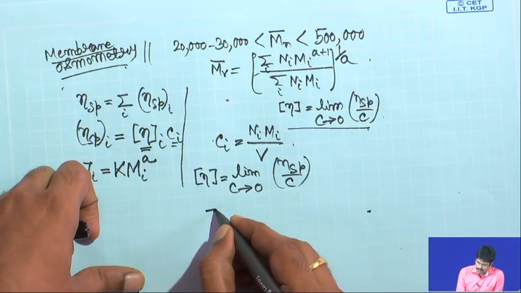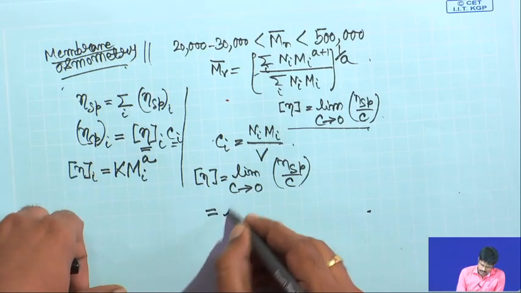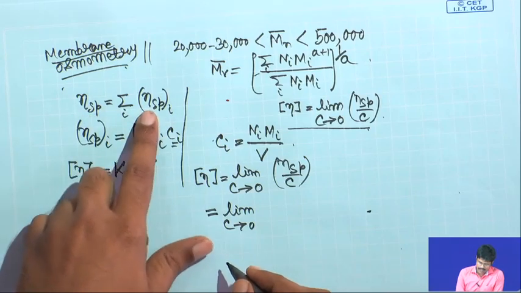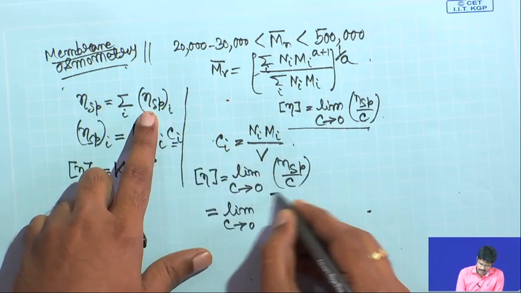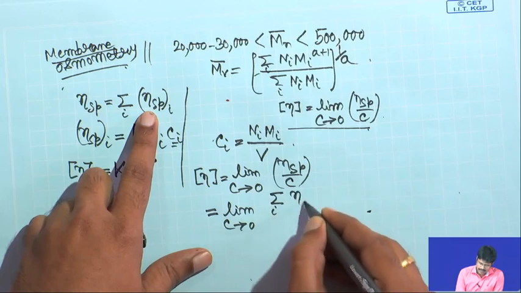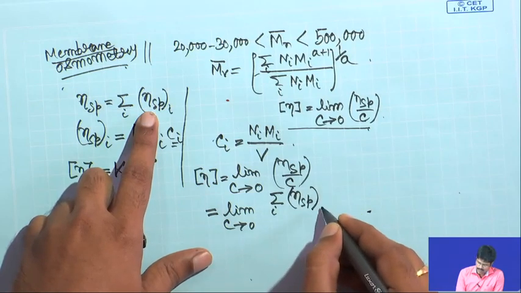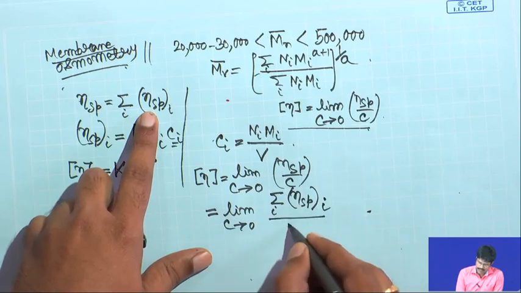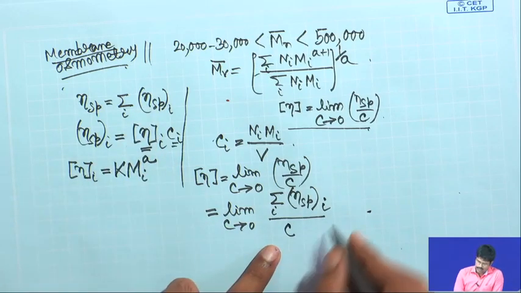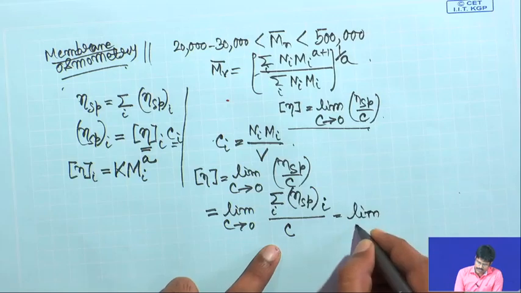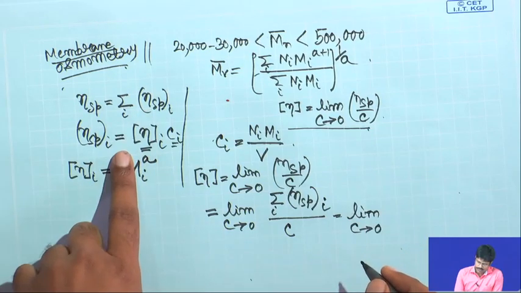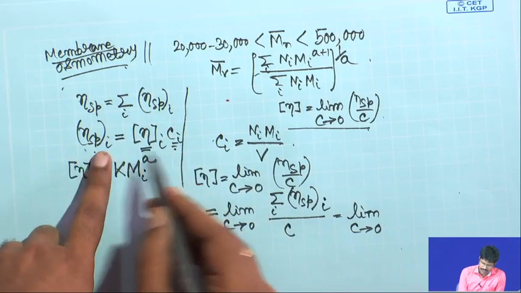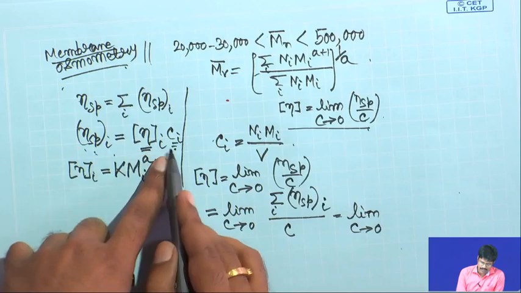Now, this is nothing but equal to the limit c tends to 0 of eta specific, which is the sum of all the eta specifics, so sum over i of eta specific i for the ith species, divided by c. Now use this expression: eta specific i equals eta i into c i.